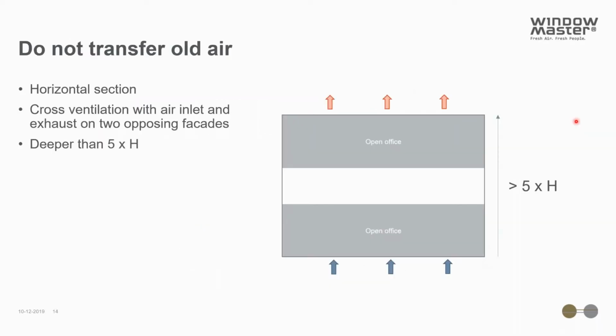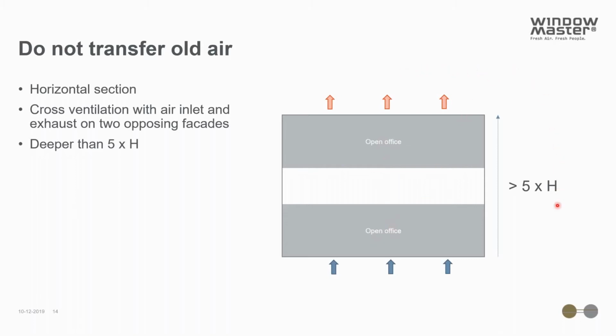If we look at a case where cross ventilation, for example, is not sufficient for the building design, we have an illustration shown here. It's just a fictive office layout where you have an open office on both sides of the building, and we see a horizontal section.